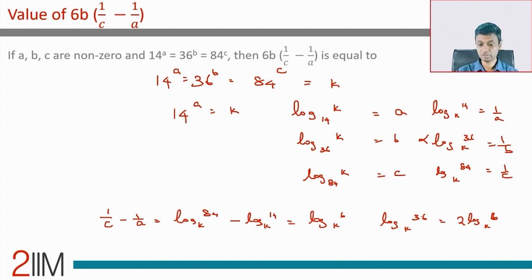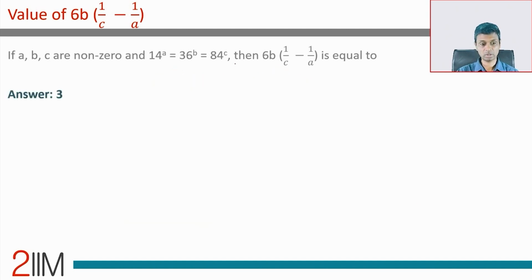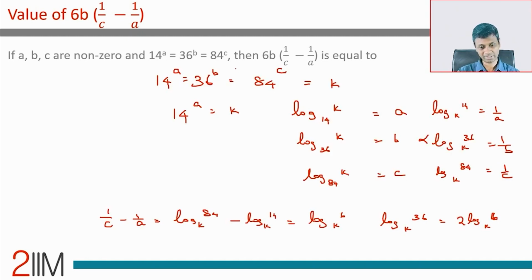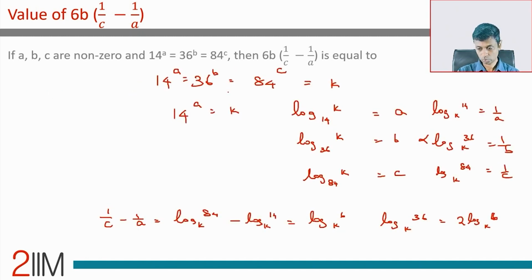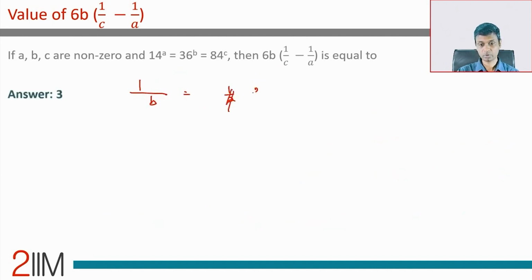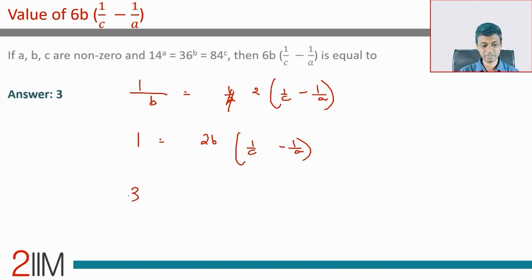So 1 by B equals 2 times (1 by C minus 1 by A), or 1 equals 2B times (1 by C minus 1 by A). What is 6B times (1 by C minus 1 by A)? 3 equals 6B times (1 by C minus 1 by A).